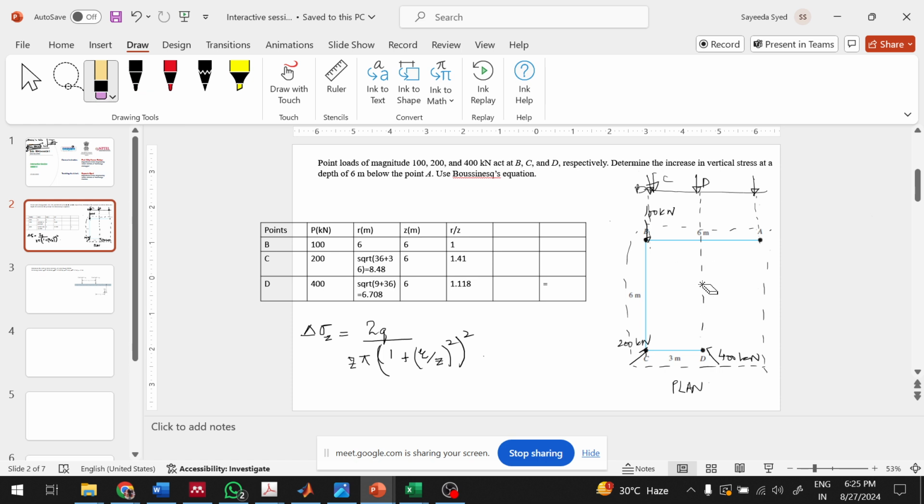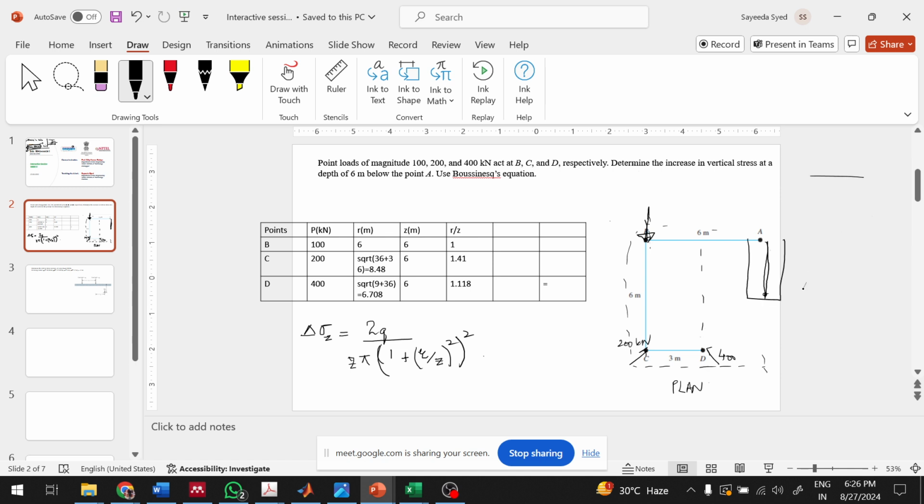Okay, so what Boussinesq equation tells us is if you have a point load or a line load, any kind of load, the loading is taking place here, and we want to calculate the effect of this loading here. What is the increase in vertical stress here? See, why we say increase in vertical stress is because as we go down in soil, due to the self weight itself, you will have a stress here. It will be the stress due to the column of soil over this, just like water.